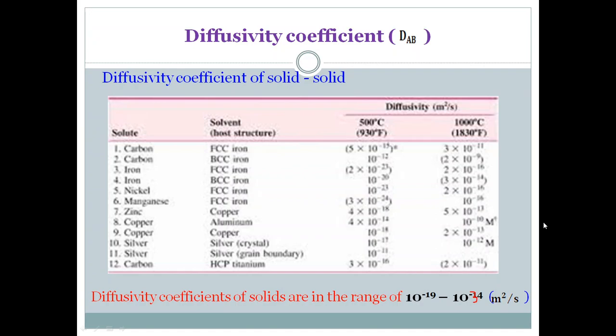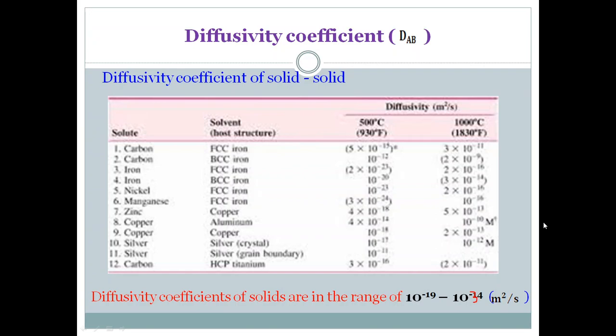That's why I am giving all this, because when you have a system, and you have determined the diffusivity through some experiment, or calculated it from some equation, or collected it from some literature, then you should have a feeling that the diffusivity of gas will be around the 10 to the power minus 5 range. Liquid is in the 10 to the power minus 9 range.